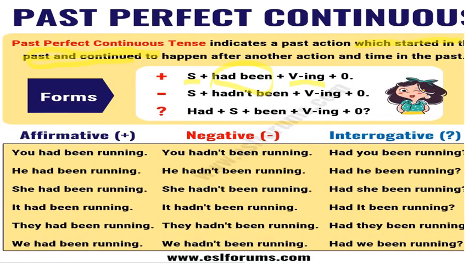Fine. Having talked about the past perfect simple, let's talk about the past perfect continuous. When do I use the past perfect continuous? It indicates that there is a past action. This action started in the past and continued to happen for a while.